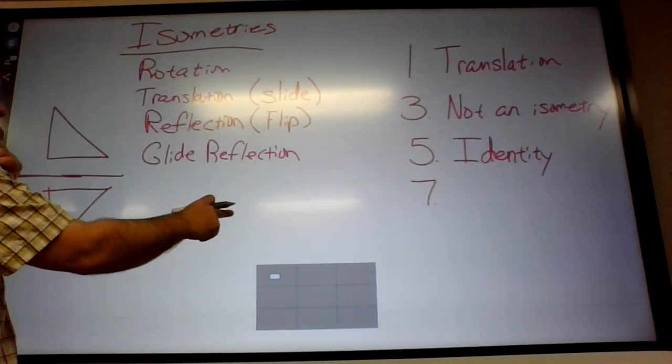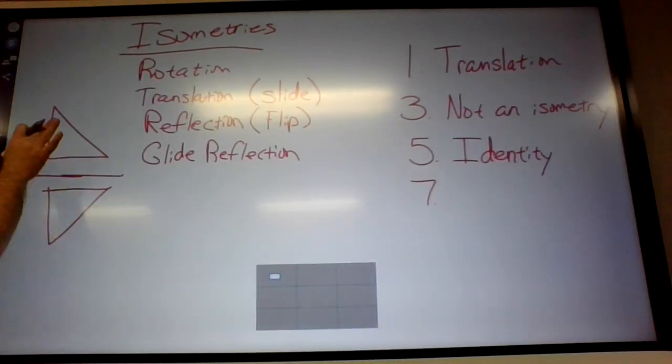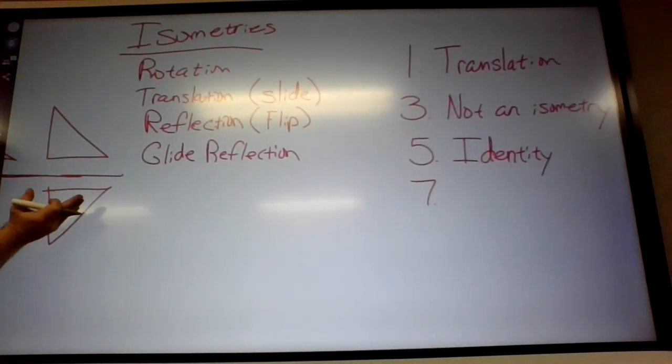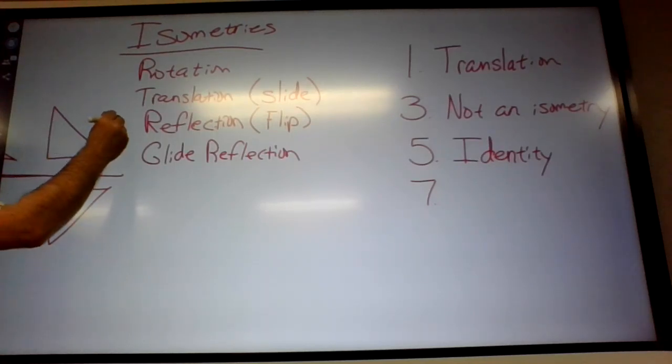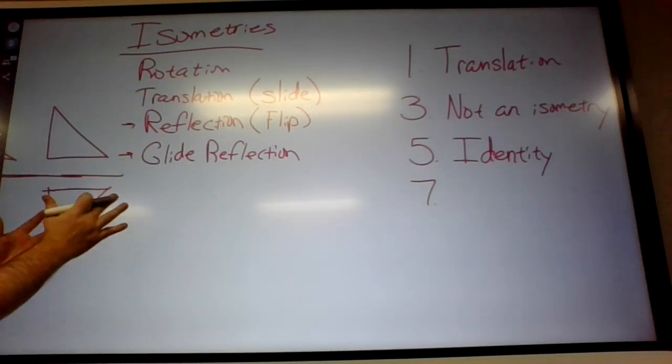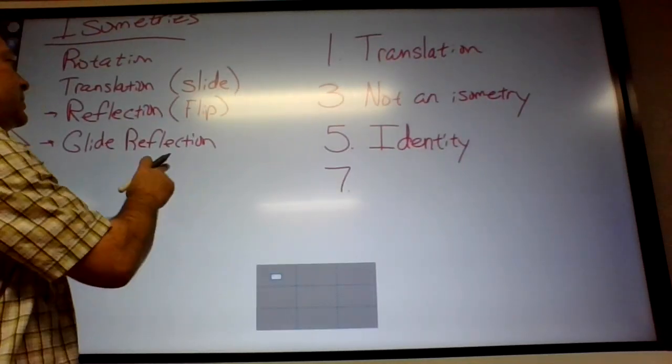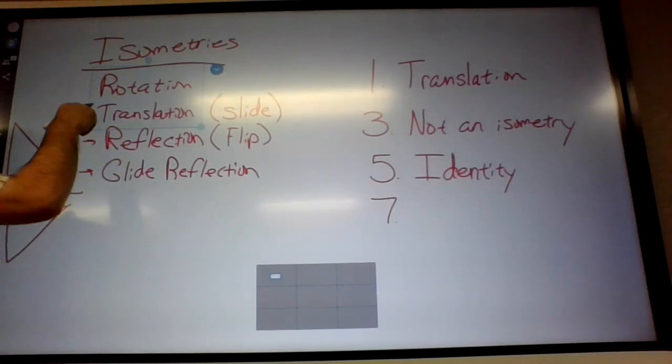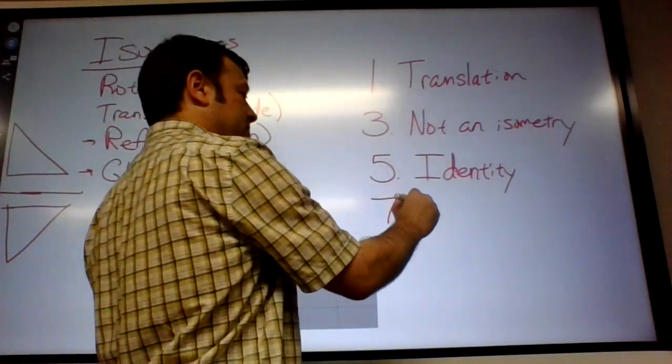That doesn't happen on a reflection, because everything is backwards from what it was; it flips the image. So the 2 reflections do not keep their orientation. On number 7, the ones that do keep their orientation are rotation and translation.